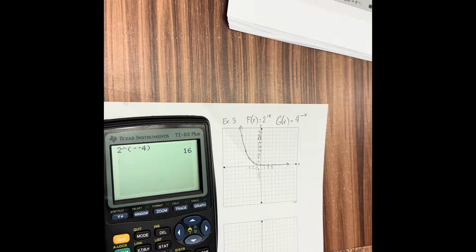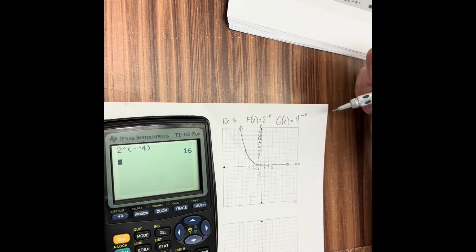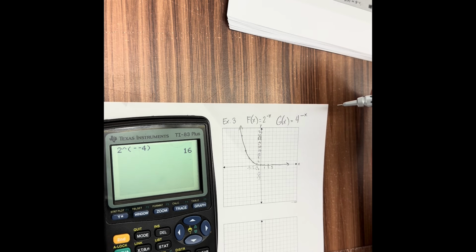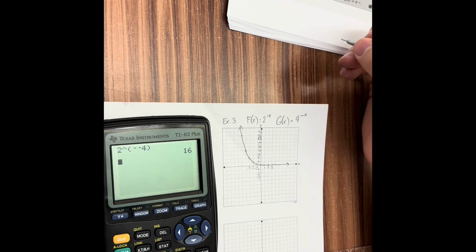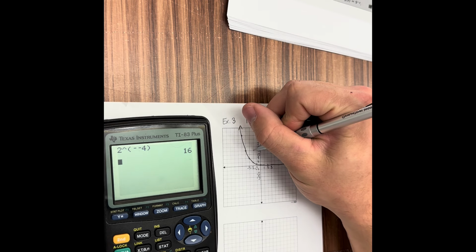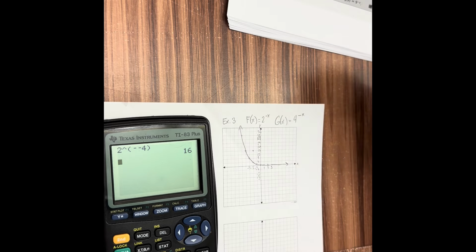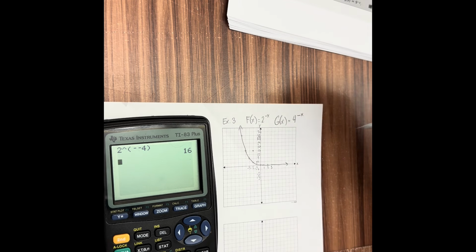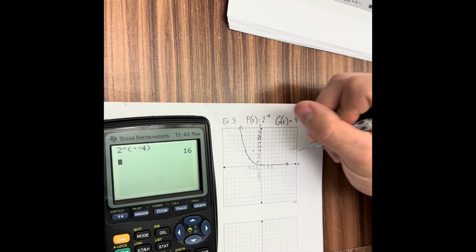When we have g of x, if we were to plug in -3, we would get 4 to the power of -(-3), which would be 4 to the third, which would be 64. Again, not on the graph. So if we plug in -2 instead, we get 4 squared, which is 16. -1 would be 4 to the power of 1, or 4. When we plug in 0, we get 1.